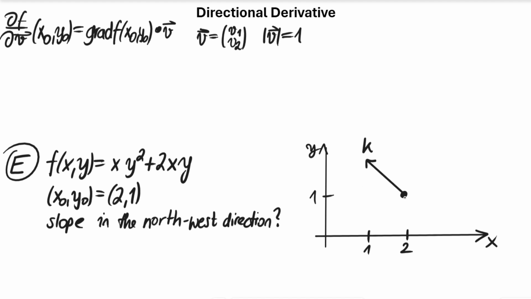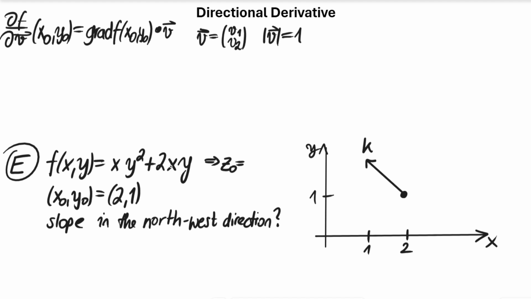Usually what you are interested in when you're standing at this xy coordinate is, what is your actual height? So the elevation, and you get it from this formula. Let's call it Z0, which is then f evaluated at 2, 1. So 2 times 1 squared is 2, plus 2 times 2.